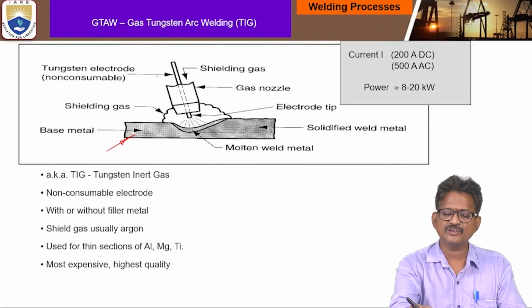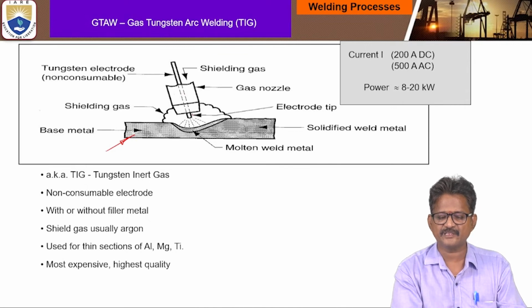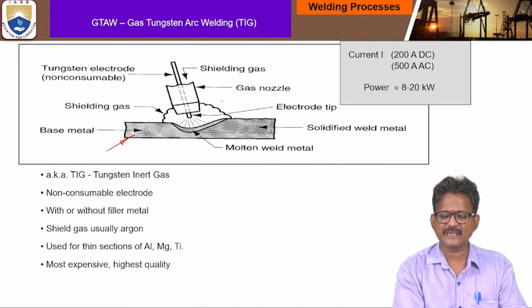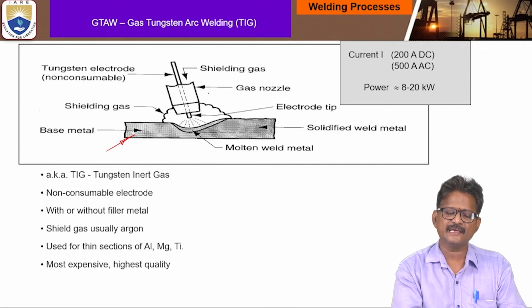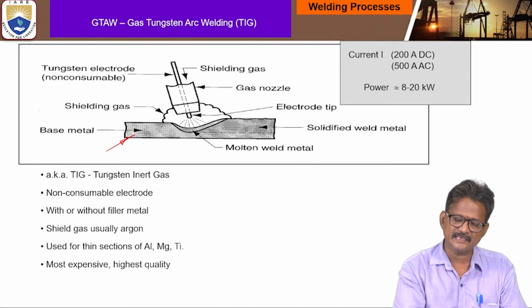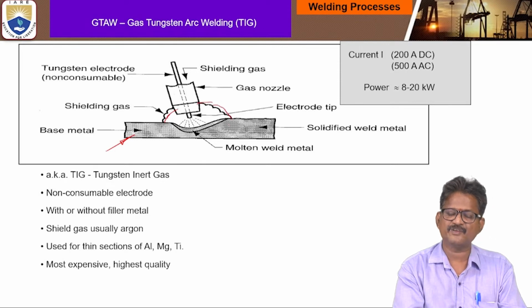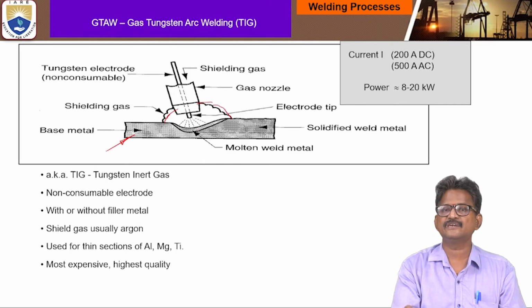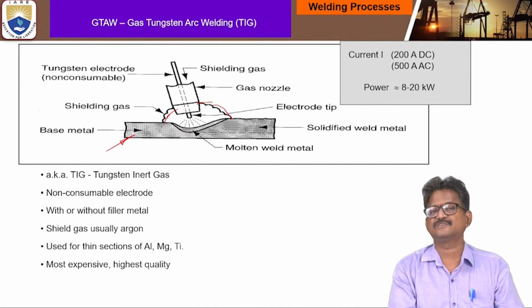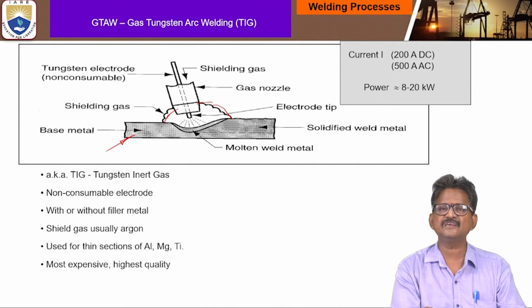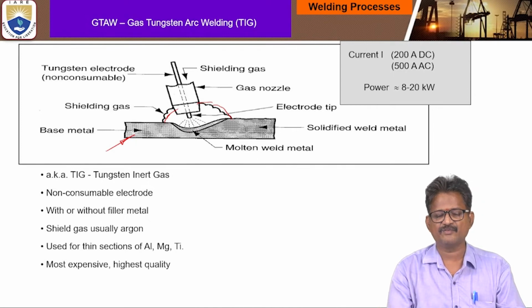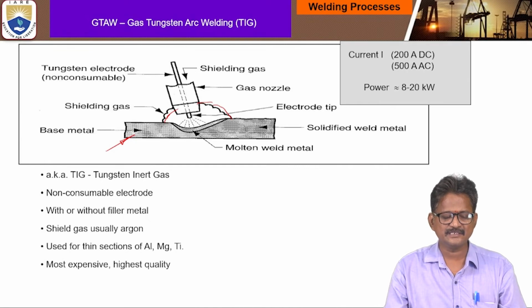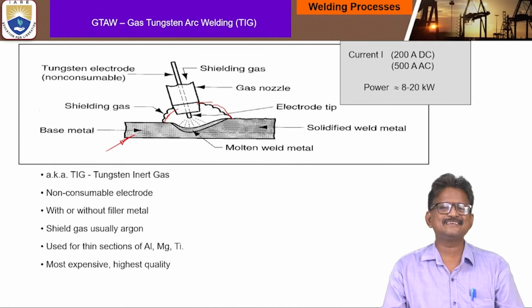The tungsten electrode, a non-consumable electrode, is kept in the middle of the torch, and there is a gas nozzle inside which shielding gas is provided, covering the weld while performing it, so that proper joining can be made. This is known as TIG welding.